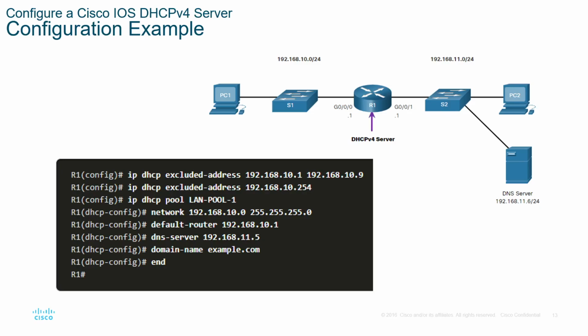After that, we can just basically specify the network that these DHCP addresses belong to, the default router with the address of the default gateway that will be given by the DHCP server as well, the DNS server information, the domain name if it exists, and after that we can do an end just to go back to our privilege exec mode.